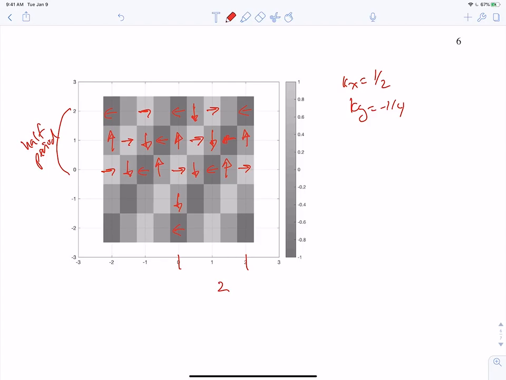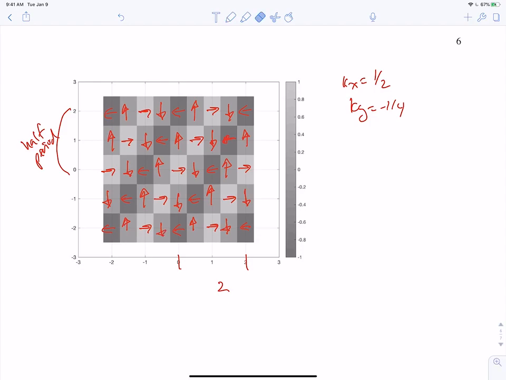Wait, clockwise is not that one, right? Oops. So clockwise would be this way, right? And this one, so clockwise is like this. Clockwise is like this. Okay, so that's the phasor diagram for that one.